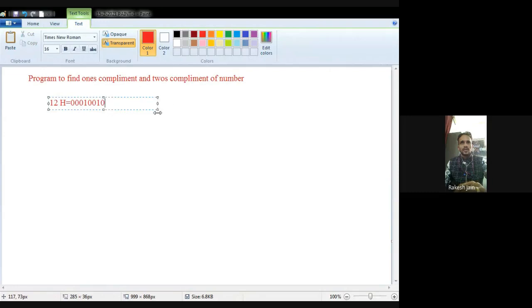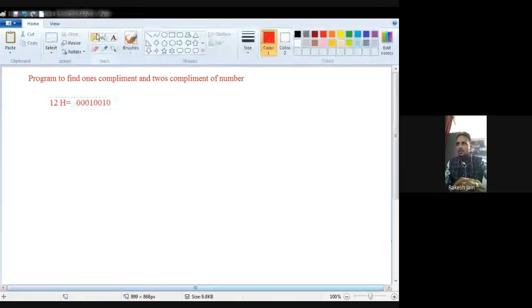So what is the meaning of ones complement? Ones complement means that each 0 will be converted into 1 and each 1 will be converted into 0.